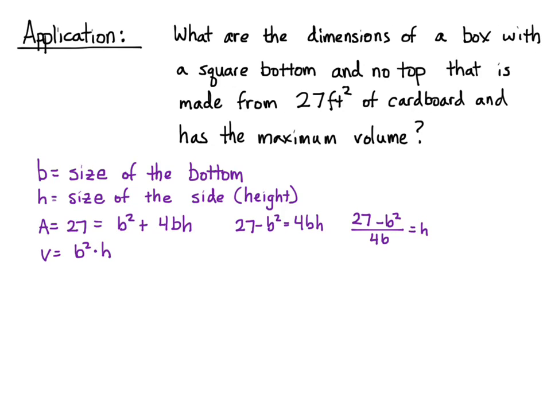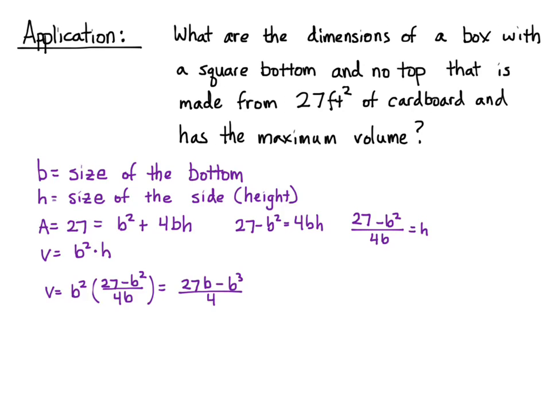So what I'm going to do here is, since the volume is b squared h, I'm going to put in b squared times the height, and so if I expand all this, I get 27b minus b cubed over 4. So here's a formula for the volume that only depends on b.